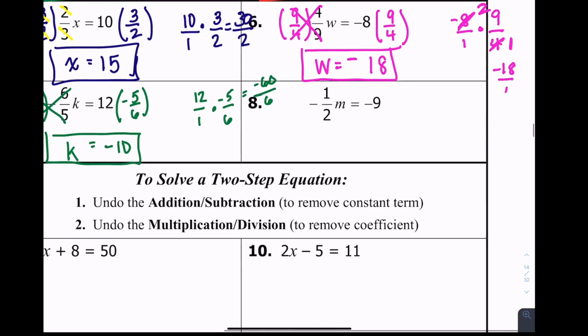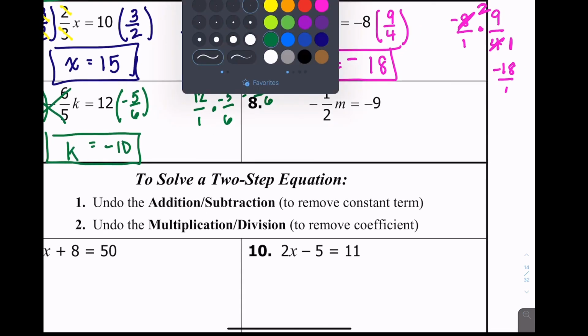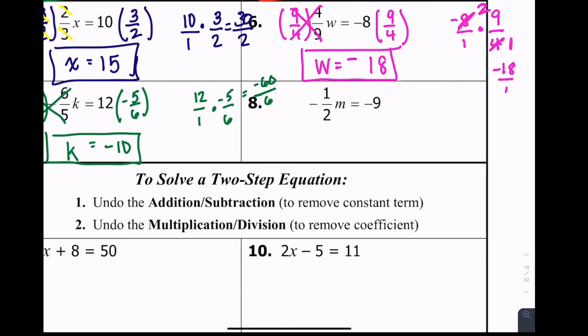Our last one. This one's actually a little easier, in my opinion, because its reciprocal ends up being negative 2 over 1. So I times it by negative 2 over 1. That leaves me with the variable m equals negative 9 over 1 times negative 2 over 1 is 18 over 1, which is just 18.